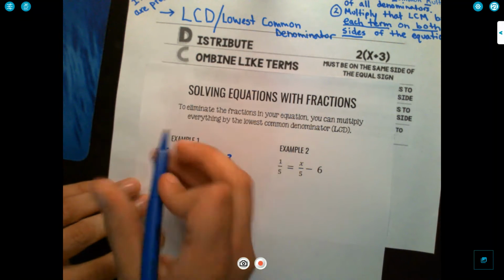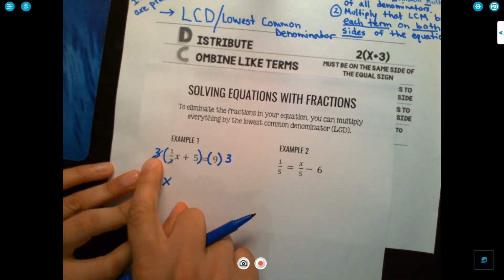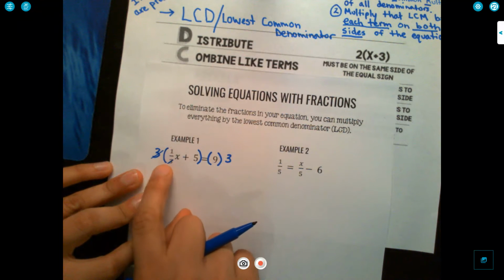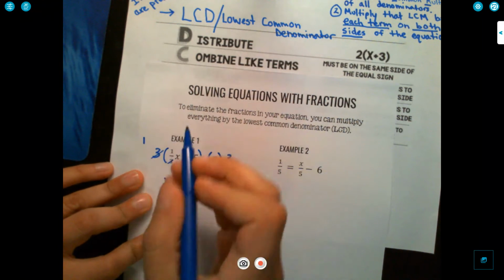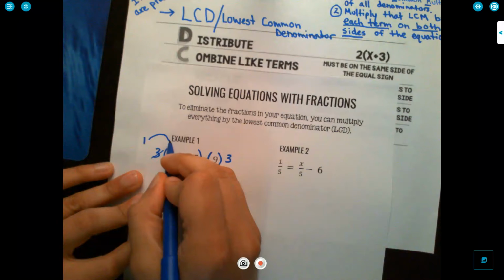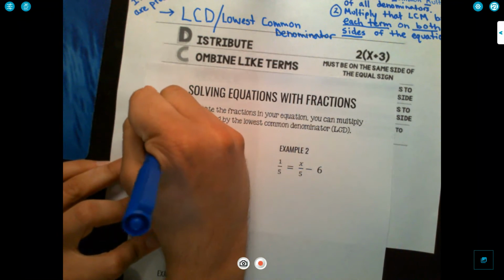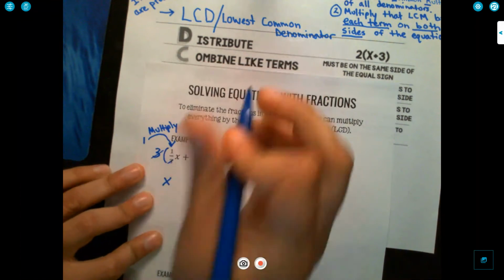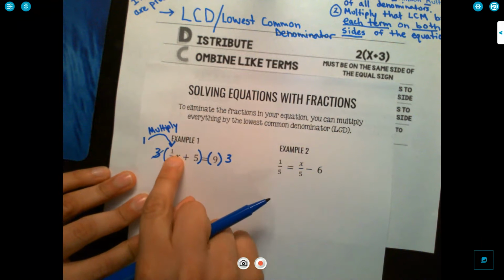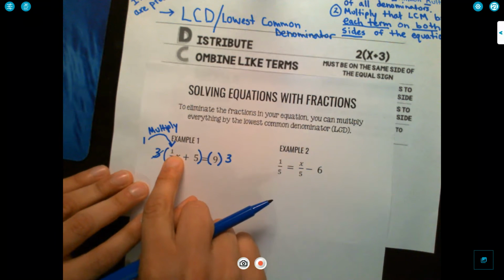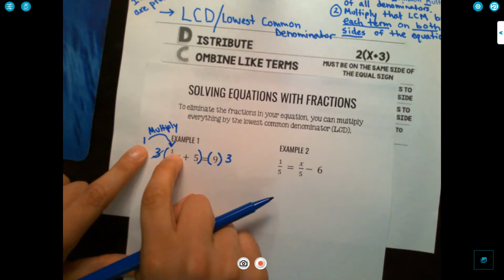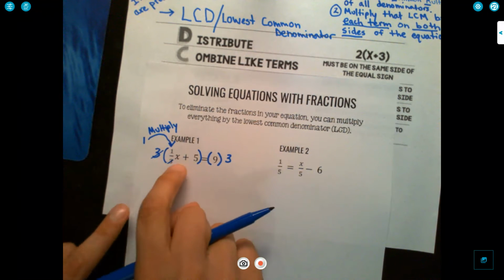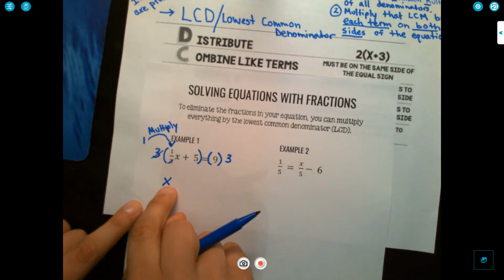So you divide 3 by 3, which is equal to 1. And then you multiply that 1 by whatever the numerator is. So 1 times 1 is 1, which is what we already have. So that's 1x, but we just expressed it as x.